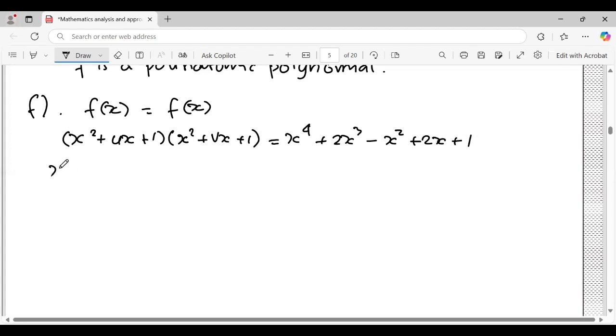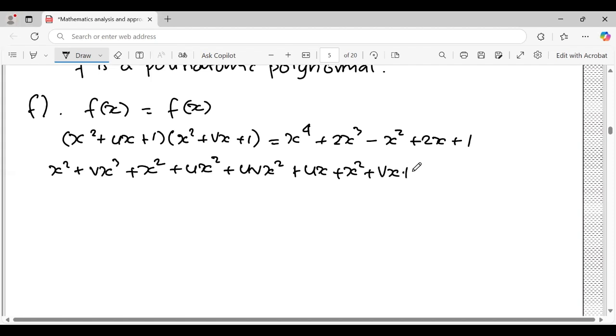If we multiply, it becomes x power 4 plus vx cubed plus x squared, plus ux cubed, plus uv x squared, plus ux, plus x squared plus vx plus 1, equal to this expression.